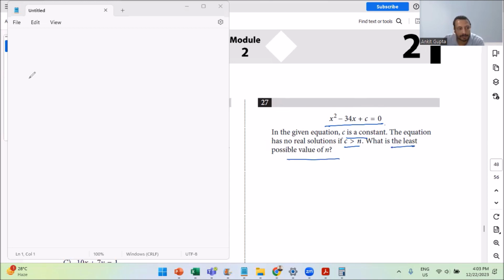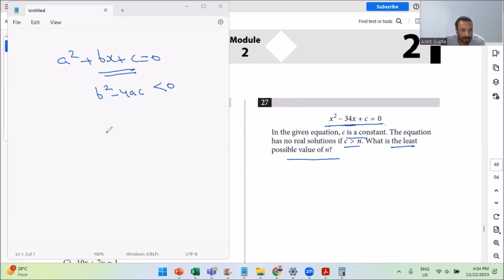Now we know that if there is a generic equation given by ax square plus bx plus c is equal to 0, then we will find the discriminant, which is b square minus 4ac. And for this to have real roots, this has to be greater than or equal to 0. And for this to have no real roots, it will be b square minus 4ac is less than 0.